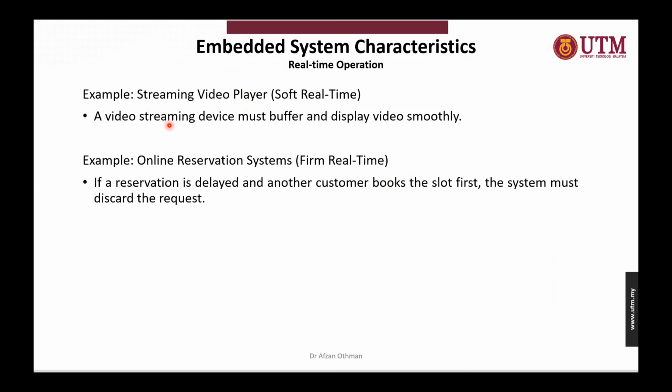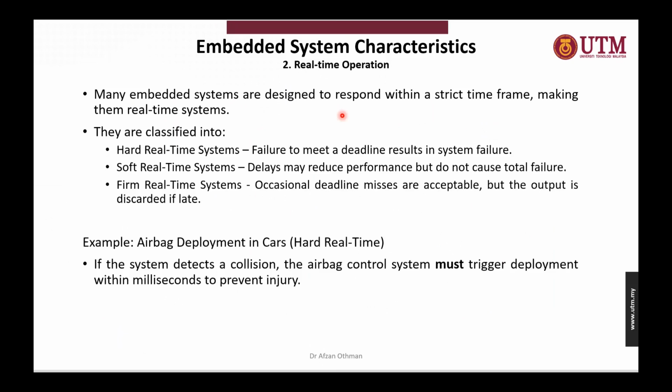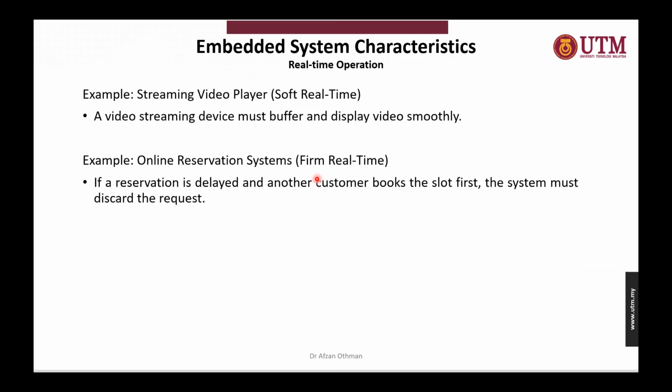Even though there is a delay in the streaming, maybe your neighbor's streaming is on time but yours has a 5 second delay, it is still acceptable as long as it can display the video smoothly. So that's what we call soft real-time, because failure to meet the deadlines does not cause a total failure to the system.